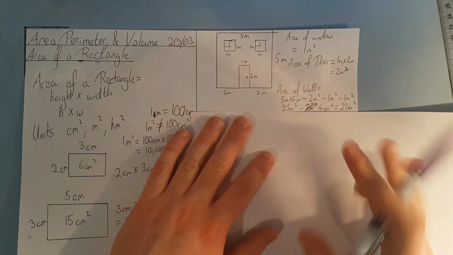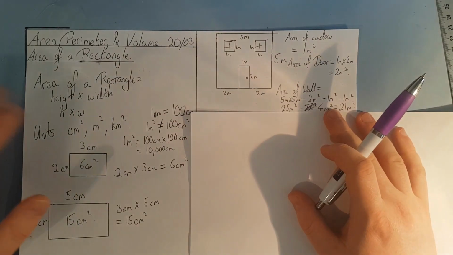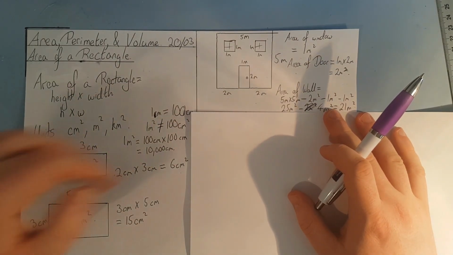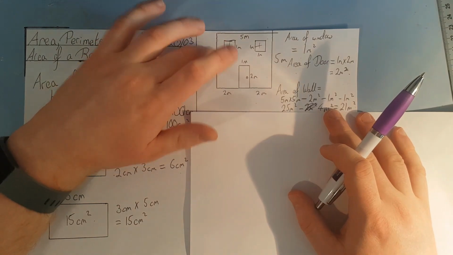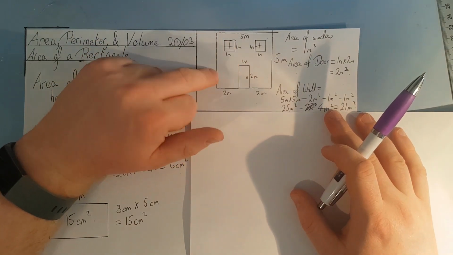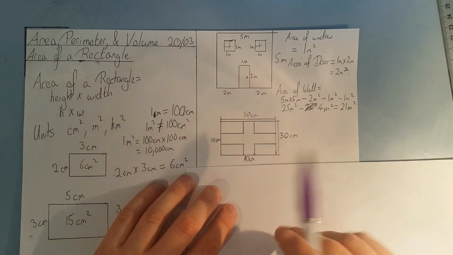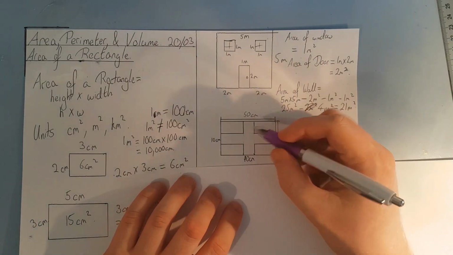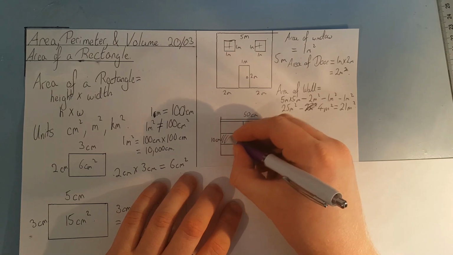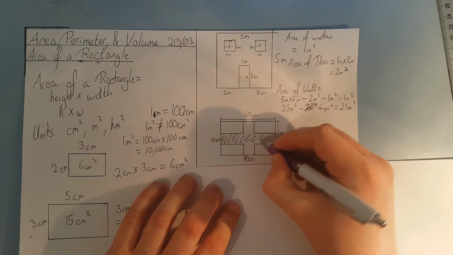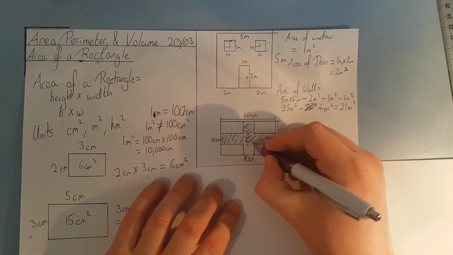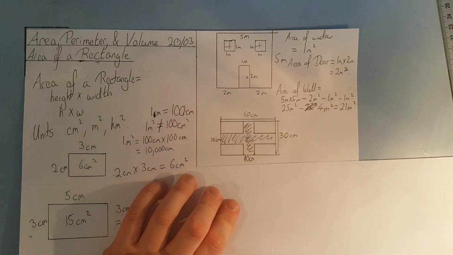Final concept here. So we've done a few simple examples, we've done a slightly harder one, and then there's one other type of question that's going to show up on your work, and it's going to be something like this, where we're trying to find out what is the shaded in portion of this flag, okay? Now, there's actually two ways to solve this.